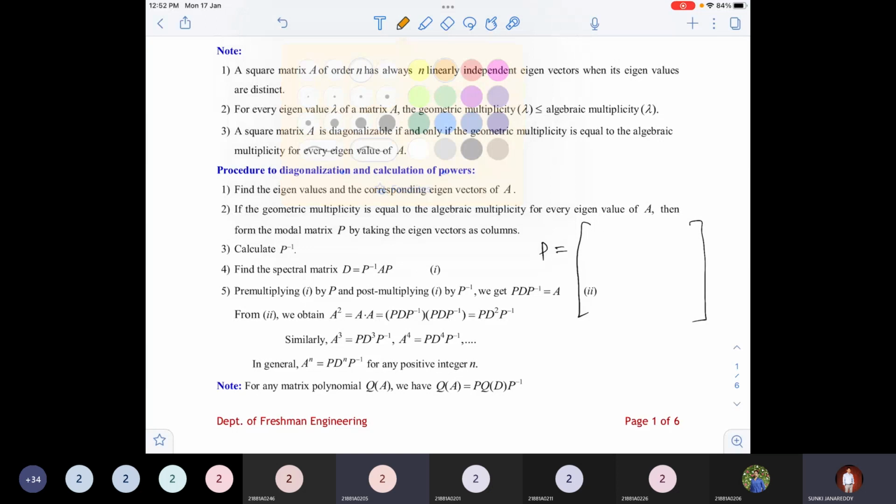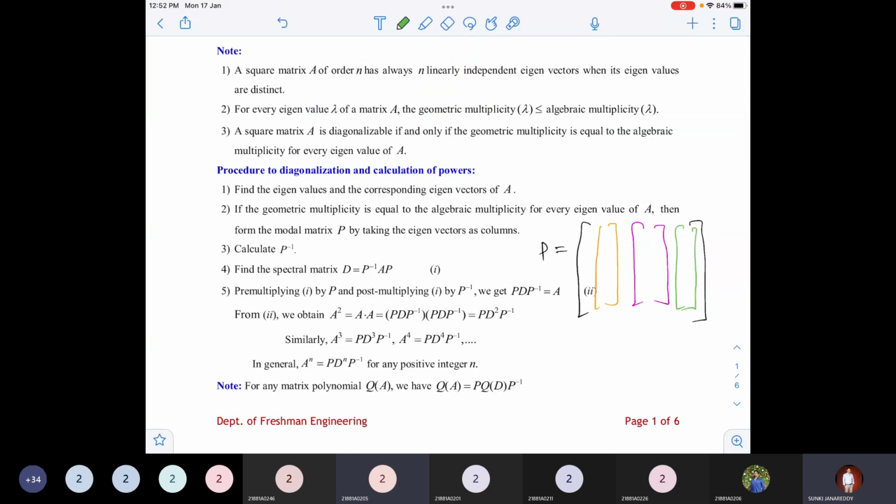The 3 eigenvectors we need to arrange column wise like this. That matrix is said to be the model matrix.